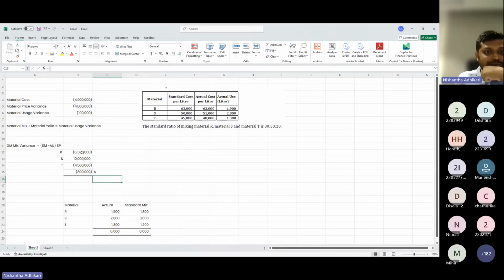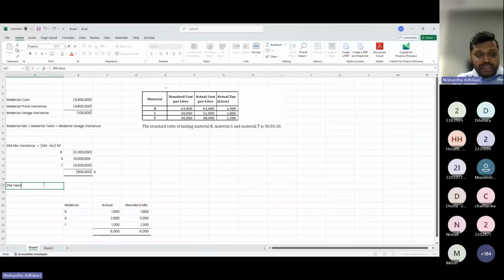Then the mix and yield both together should be equal to 100,000 adverse variance. Now here mix variance is 800,000 adverse. What should be the direct material yield variance?